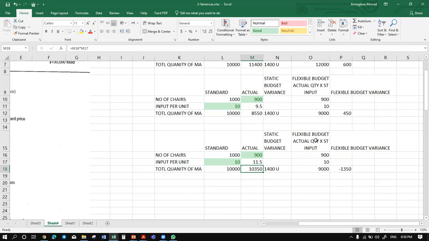We are using more than we should use considering the standard set. The standard set was 10 per unit. If we consume less than the standard, as in the earlier case, it will be a favorable variance. If we consume more than the standard of 10 per unit, it will be higher. Do you understand, Farid?